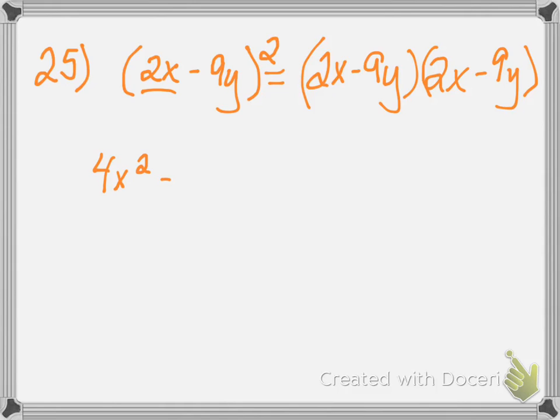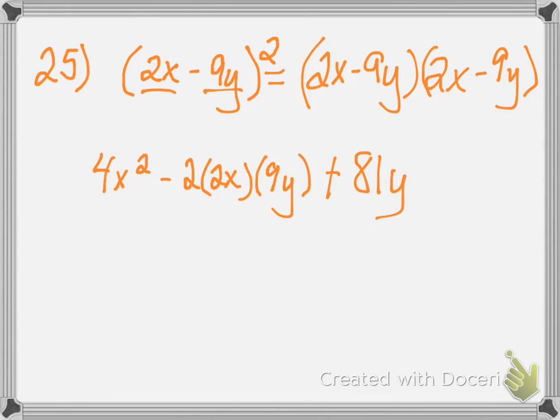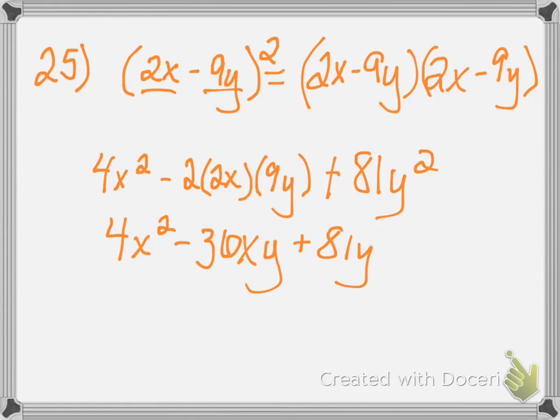Then you're going to say minus 2 times your first term times your second term, and then plus your last term squared, so 9y times 9y is 81y squared. So you have 4x squared minus 36xy plus 81y squared. And if you FOIL, you should get the exact same answer. So it doesn't matter which way you do it.